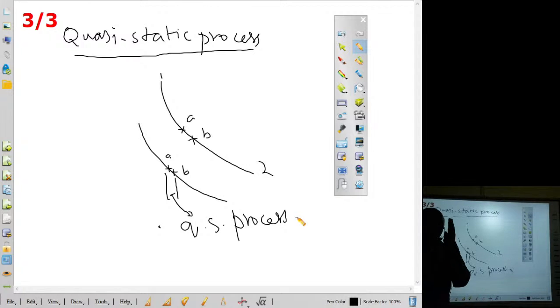Smallest thing, point 1, value A. Point 2, shortest distance. That gap is so small that you cannot measure it. You can only calculate. This is the difference where only calculation is possible, and that is called differential calculus. So a quasi-static process is the same as differential calculus.